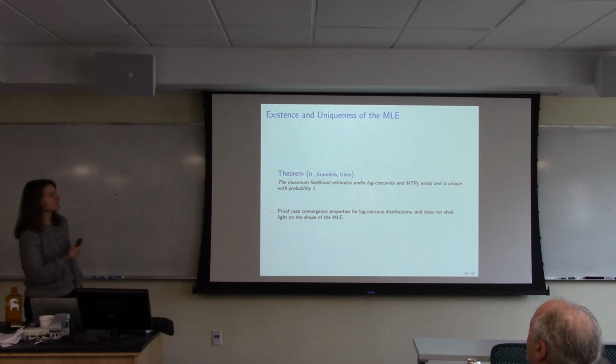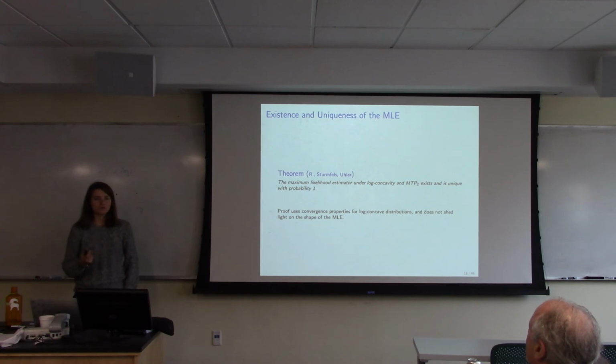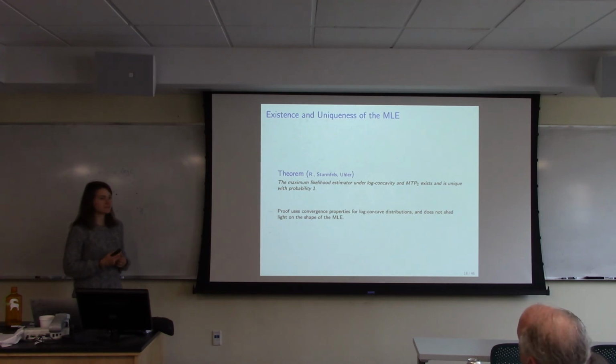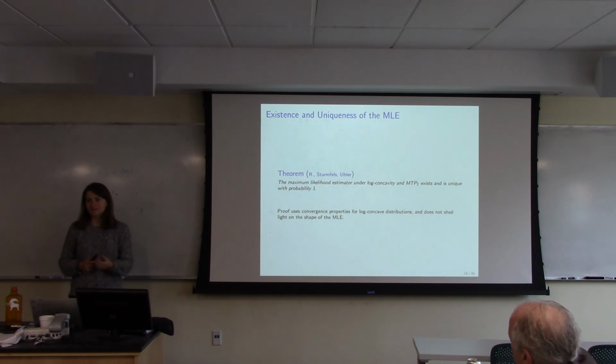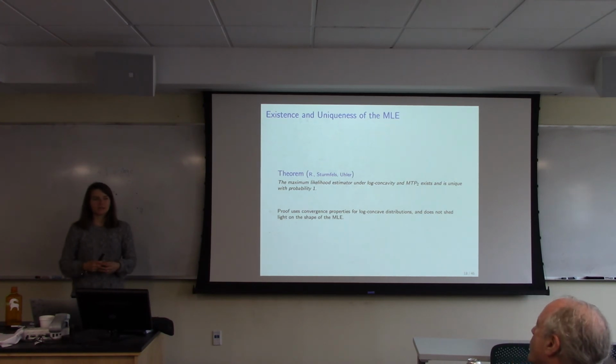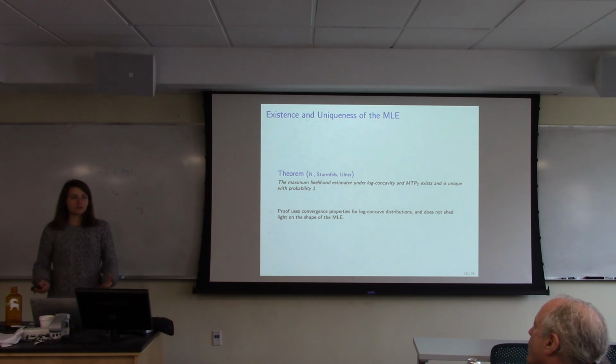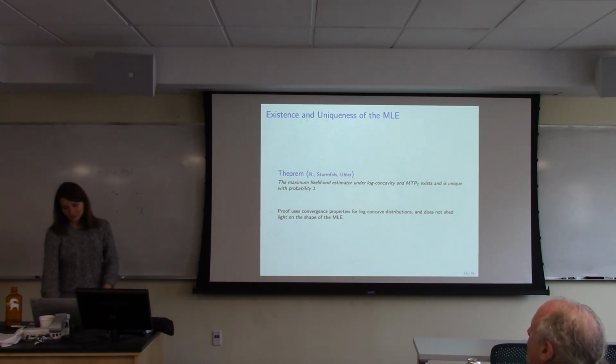It just uses convergence properties for log concave distributions, like all of this theory that already exists for log concave distributions, and doesn't actually shed light on the shape of the MLE, whereas the proof for log-concave density estimation directly shows that the MLE is a tent function. So our proof doesn't shed any light on what the MLE should be, right? So you want to see what it is.